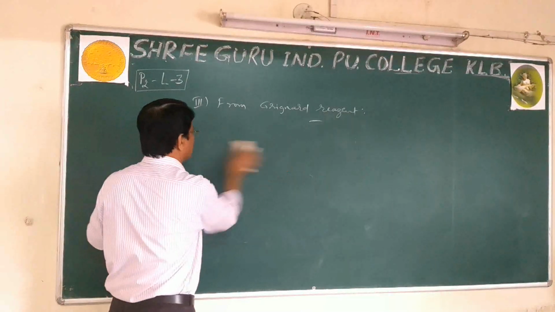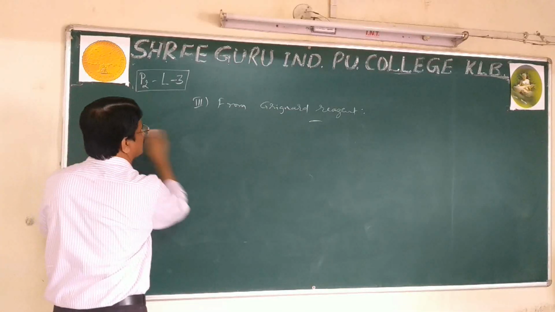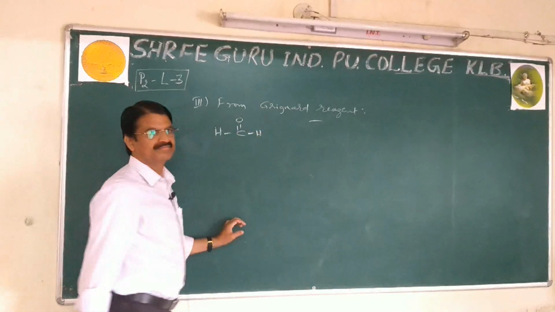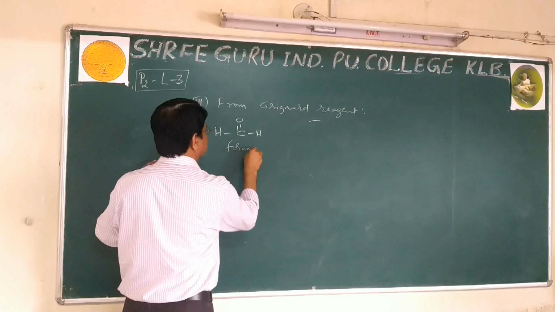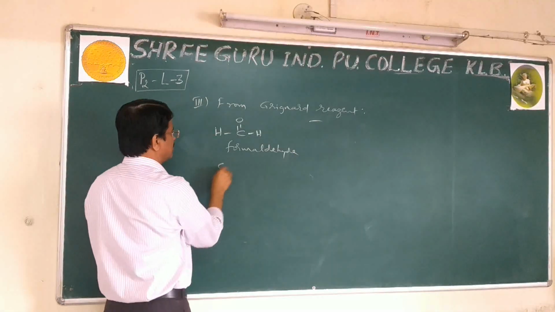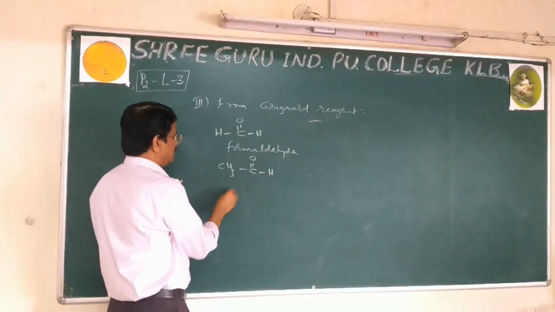And for that carbonyl compound, see here, we can use HC double bond O, H. This molecule is named formaldehyde. Second, CH3CHO, acetaldehyde.